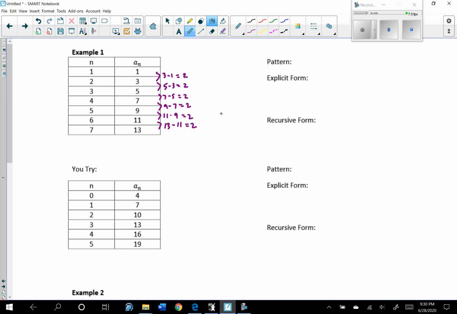And so because the first difference, because it's the first time we subtract, is the same, that means that this is a linear pattern.